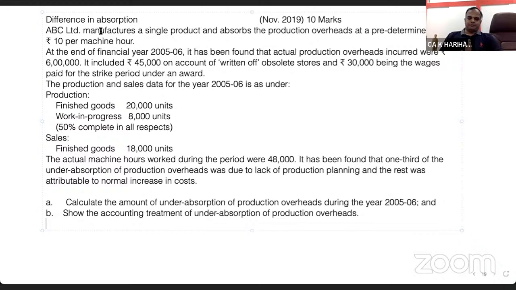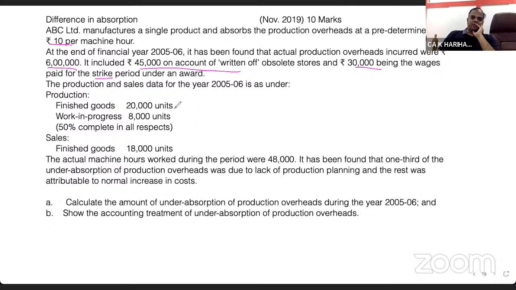Can I go through the question? Predetermined rate is 10 rupees per hour. Total production overhead actually incurred is 6 lakh rupees, out of which 45,000 is due to write-off of obsolescence stock and 30,000 is strike period wages.